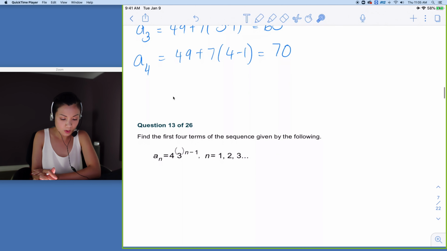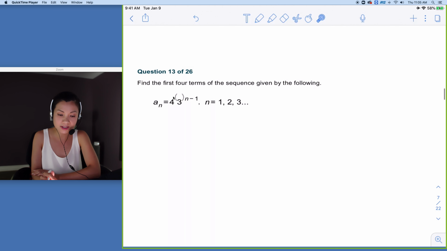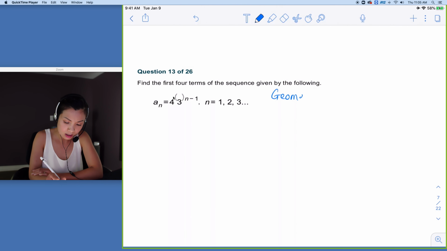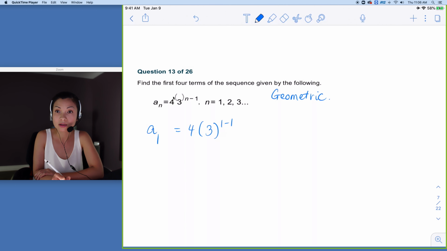Okay, so number 13, what you have right here is not arithmetic, but it's geometric. So same thing, a1 is going to be 4 times 3 to the 1 minus 1.